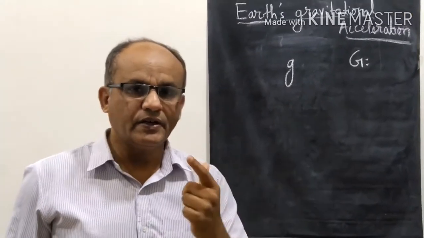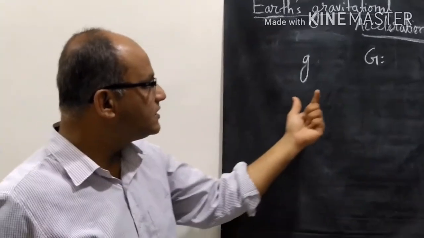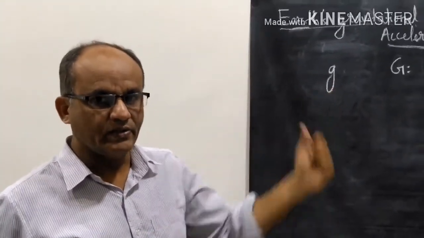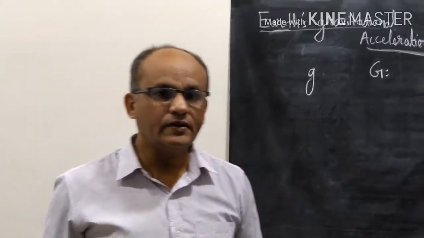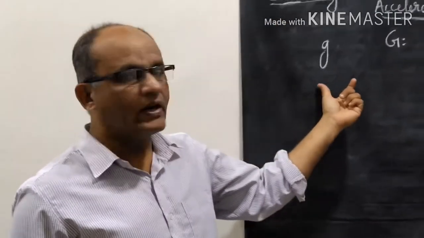We have already seen scalar quantities and vector quantities. We also know that the gravitational force is towards the center of the Earth, so the acceleration due to gravity is also directed towards the center of the Earth.